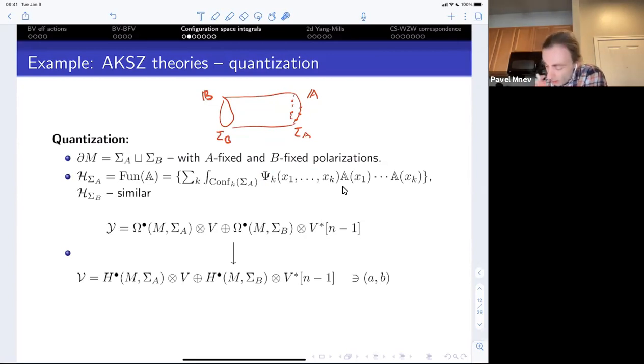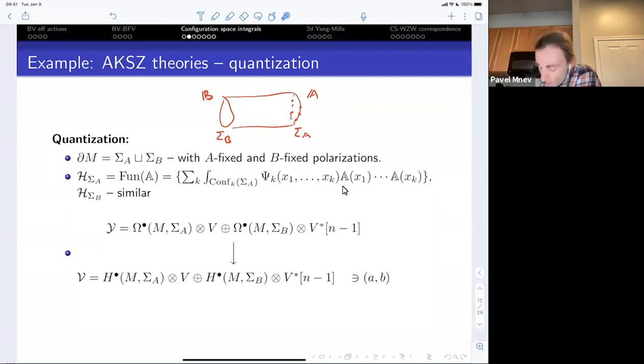Now, the fiber over a boundary condition here is given by differential forms vanishing on the A boundary, or relative to the A boundary, for the A side, and differential forms vanishing on the B boundary for the B side. The corresponding smallest version of residual fields is given by the de Rham cohomology of the space upstairs: the cohomology of M relative to the A boundary tensored with V, and the cohomology of M relative to the B boundary tensored with V star.